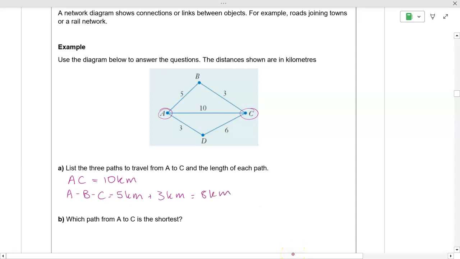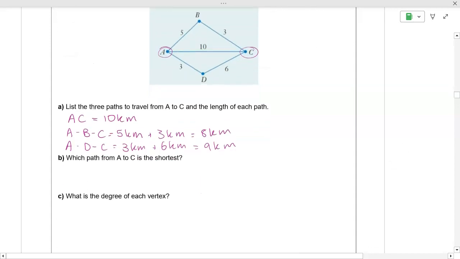And I could go from A to D to C, which would give me 3 kilometres plus 6 kilometres with a total of 9 kilometres. Okay, so that's as simple as that question is, just saying what are the 3 paths. The next part says which path from A to C is the shortest. So if you've done this, you can then very clearly see that the shortest path is A to B to C. Okay, that is a path of 8 kilometres as opposed to 9 and 10.